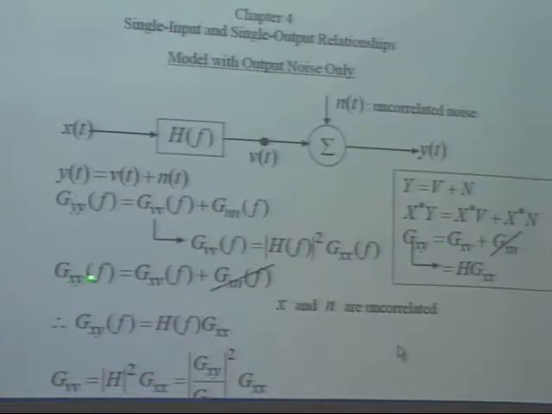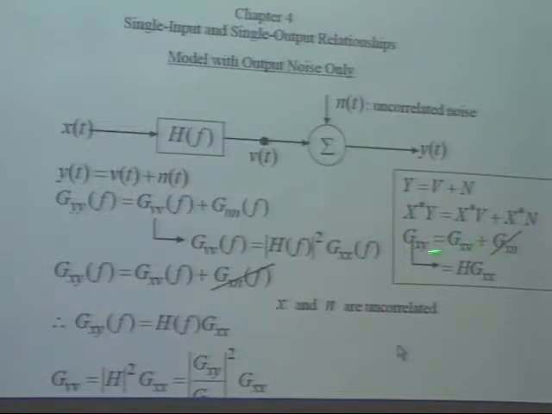So Gxy is equal to Gxv. Simply this is a relation from here to here.